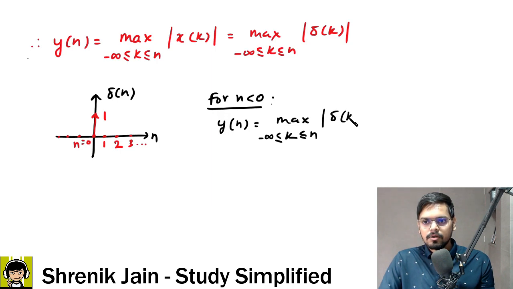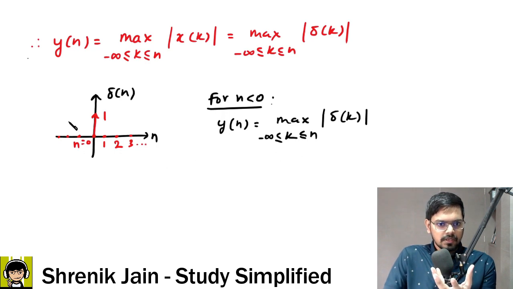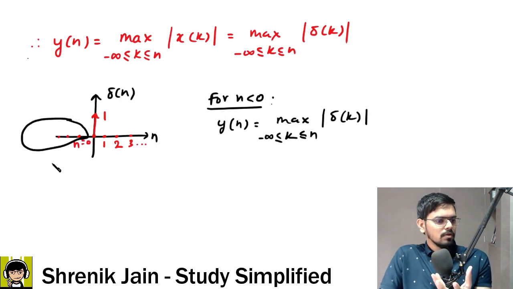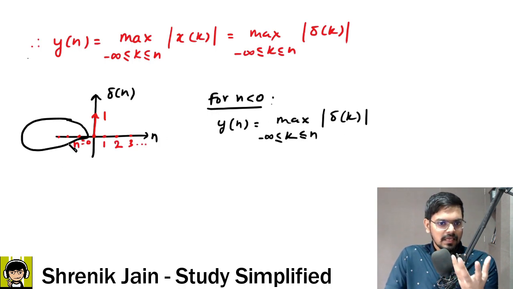But sir, if I see the samples of delta of k on the negative side when n is less than 0, everyone in the comment section, what are the samples of the delta function on the negative side? Sir, all of them are 0. Yes, all of them are 0.